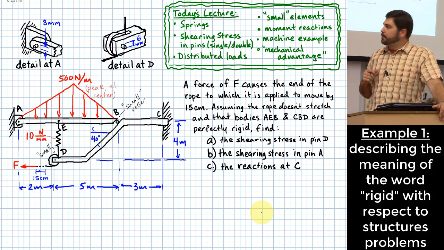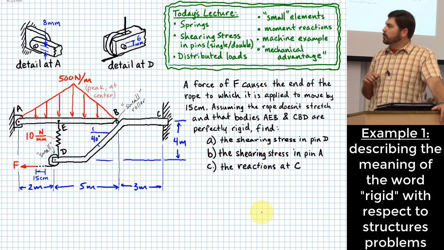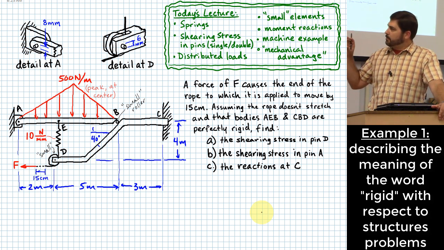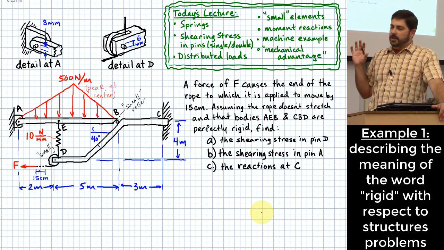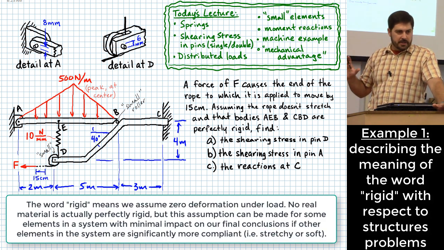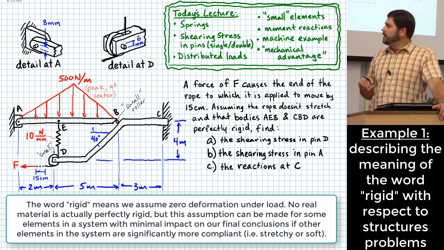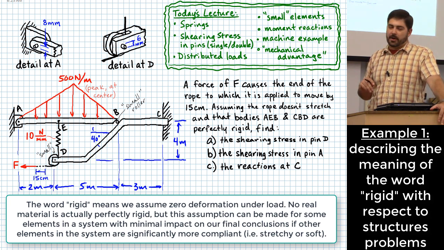But to make your life a little bit easier and to make this problem more solvable at this point, let's assume that the bodies involved in this problem, namely member AEB, member DBC, as well as the small roller and the pulley, we're assuming all of that stuff is rigid. Okay? So if I say all of that stuff is rigid, I'm leaving one element out, right?